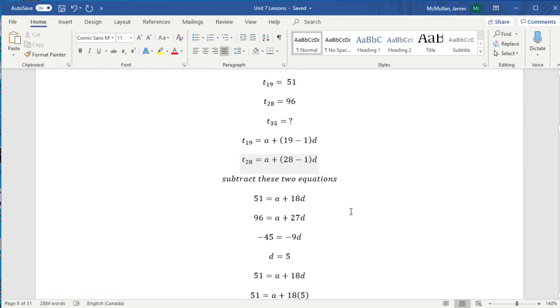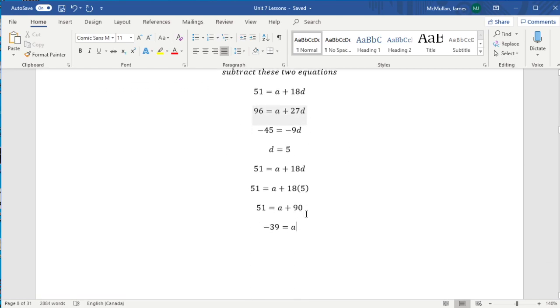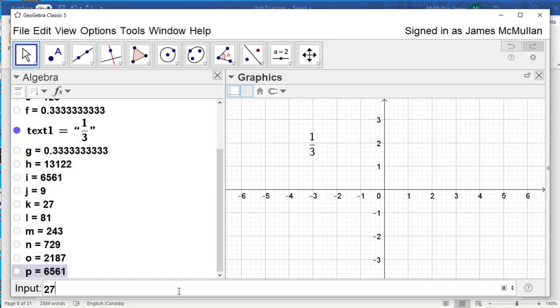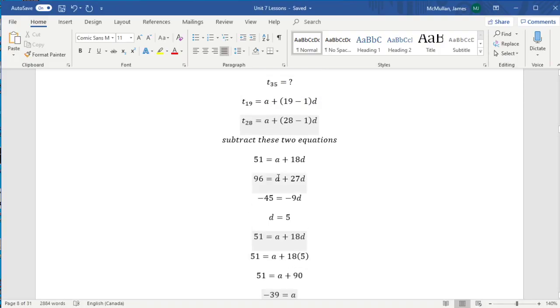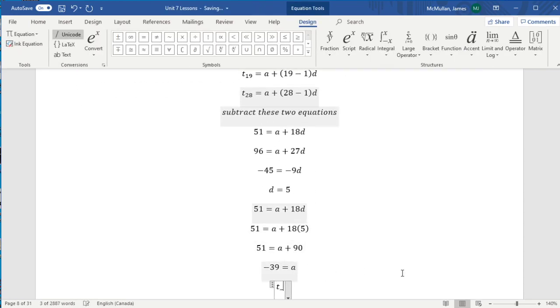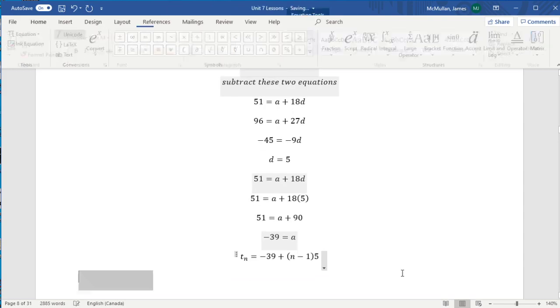So 27 times 5 plus negative 39 should give me 96. It gives me 96, right? So this is good. We were just able to reason out that the first term of the sequence must have been negative 39, and the common difference is 5.